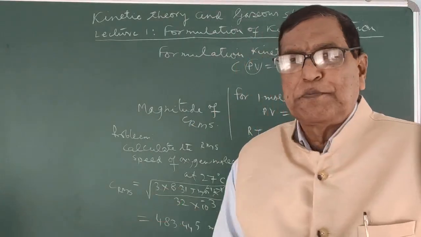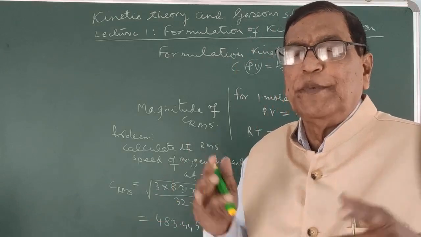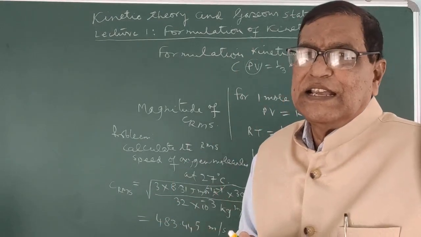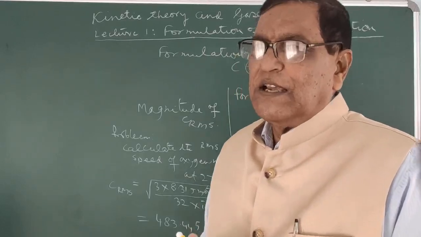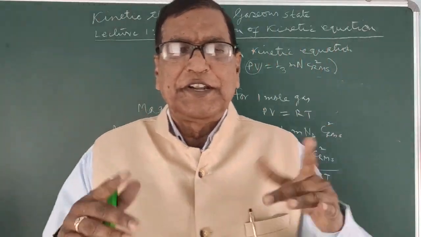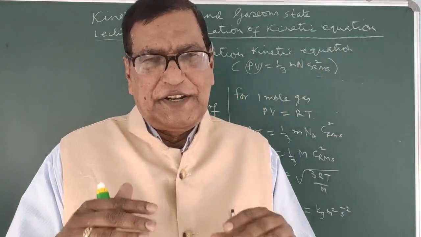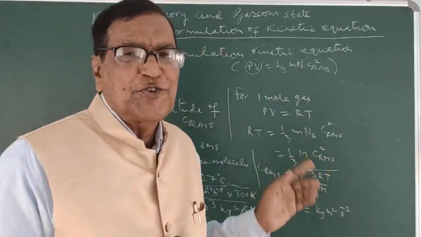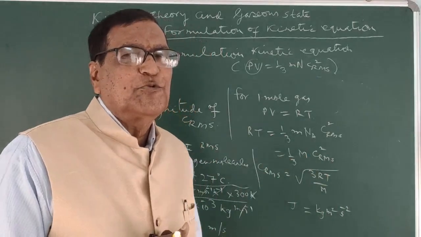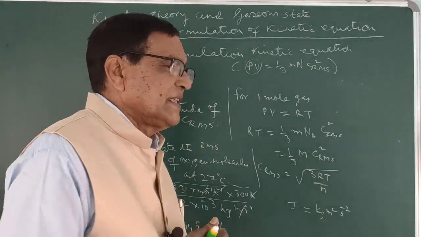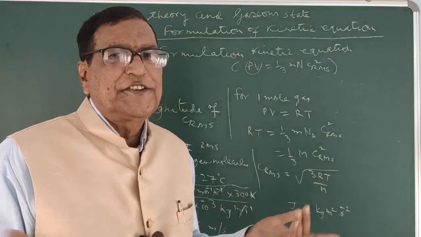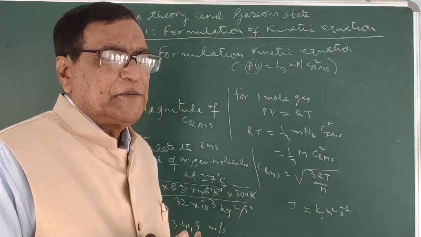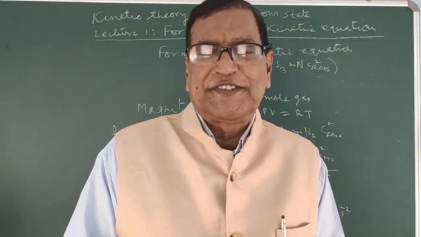Half a kilometer per second means from here to Calcutta, if we take this as 250 kilometers, then for this oxygen the time will be only 500 seconds, which means less than 10 minutes.